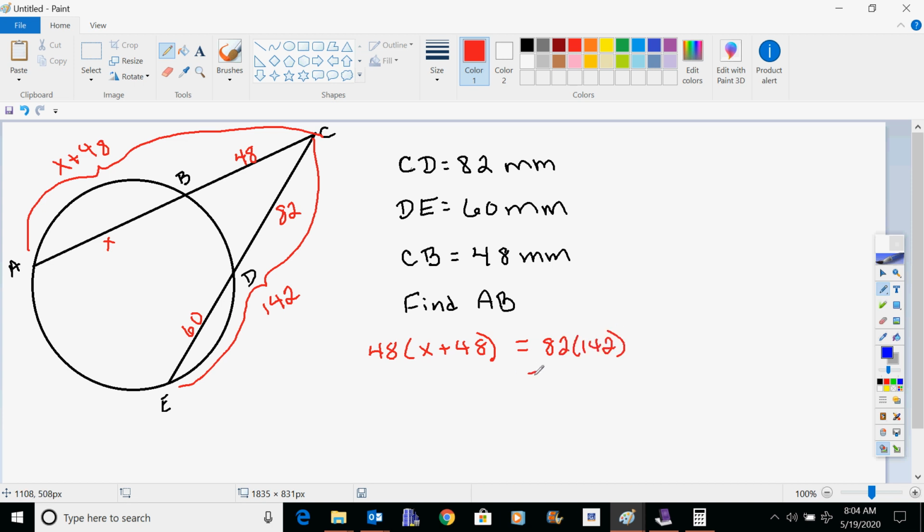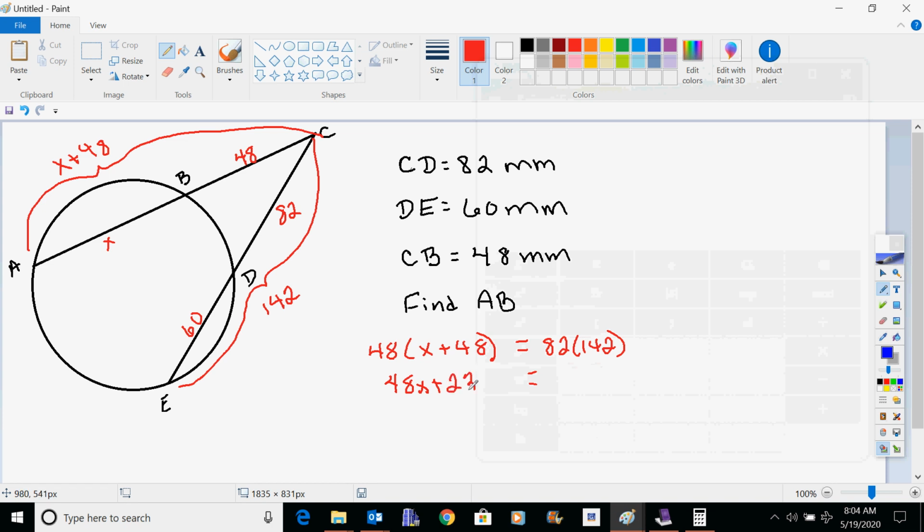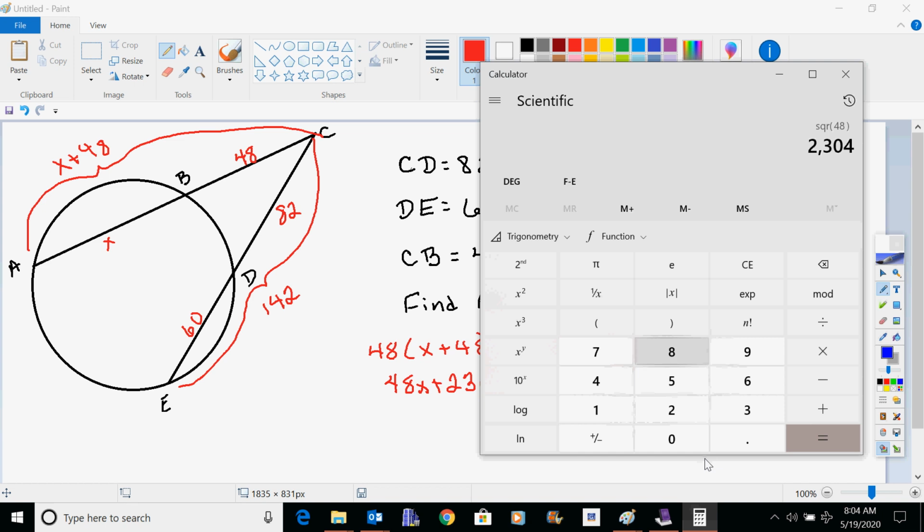Okay, so a little bit more to do this. This is 48x plus whatever 48 squared is. Let's see, 48 squared is 2304. And over here, 82 times 142. Never let big numbers intimidate you, okay? 11,644.